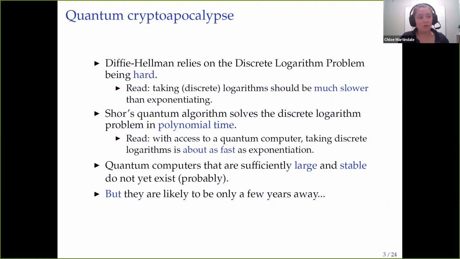There was a lovely talk last week at the Elliptic Curve Cryptography Conference that was in Taiwan, which was a panel discussion of different experts in quantum computing, quantum cryptanalysis specifically.